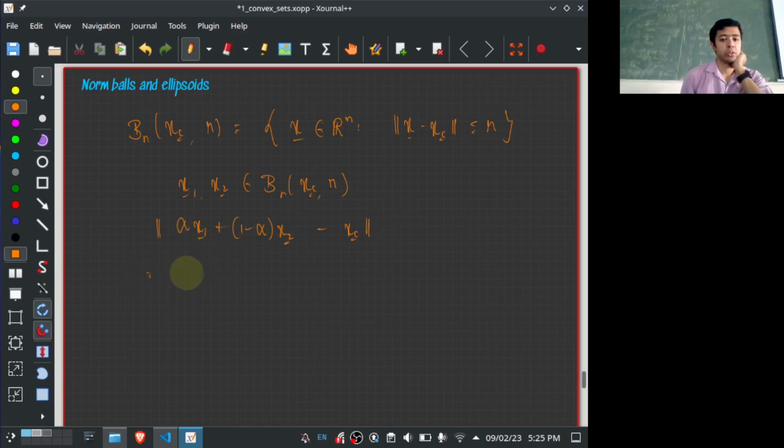But what is this equal to? I can write xc as alpha xc plus (1 minus alpha) xc, because alpha is some number between 0 and 1. So this is alpha times (x1 minus xc) plus (1 minus alpha) times (x2 minus xc).